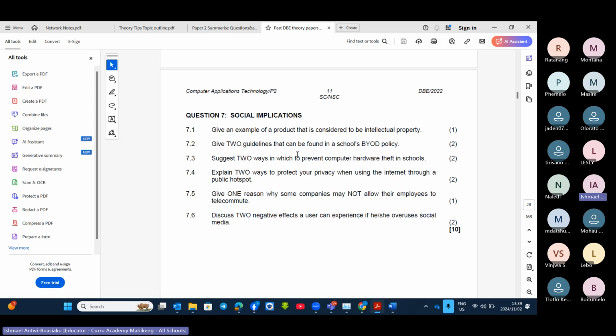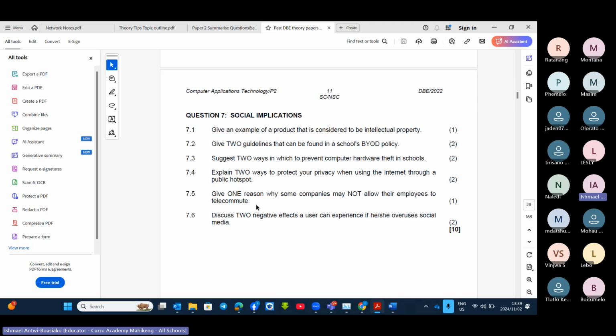Give 2 guidelines that can be found in the school's BYOD policy. I talked about the BYOD policy also in our new terminologies. State or suggest 2 ways to prevent computer hardware theft in schools. How to prevent, we just discussed it. Explain 2 ways to protect your privacy when using the internet through a public hotspot.